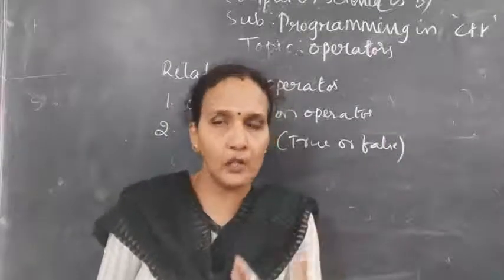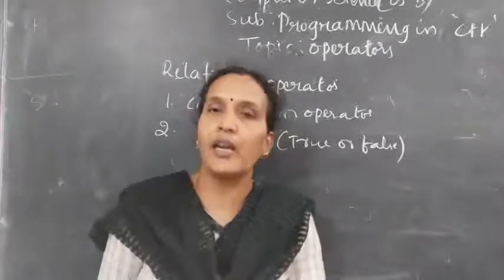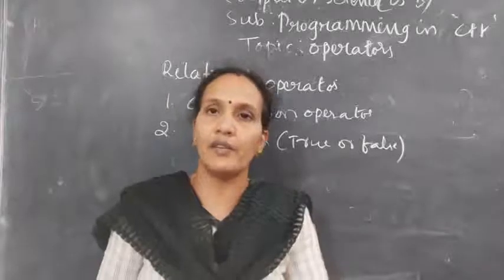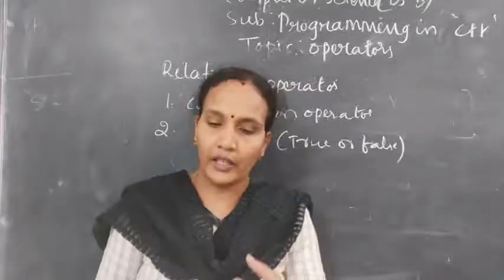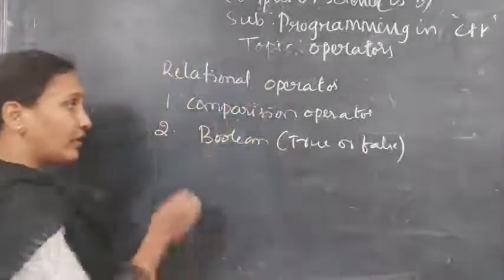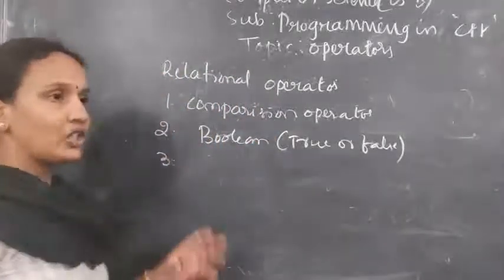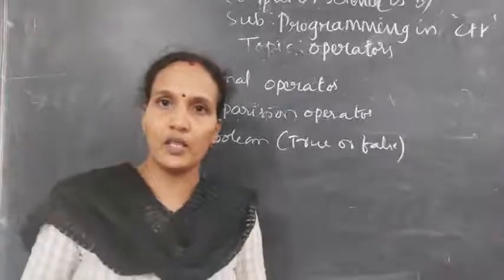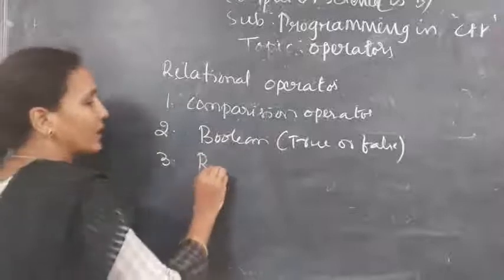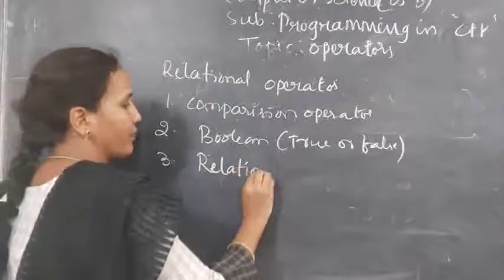So from that expression, what result you are getting? Either true or false. So whenever you are using a relational operator, it will give either a true result or a false result. And in whichever expression you are using a relational operator, that expression is called a relational expression.